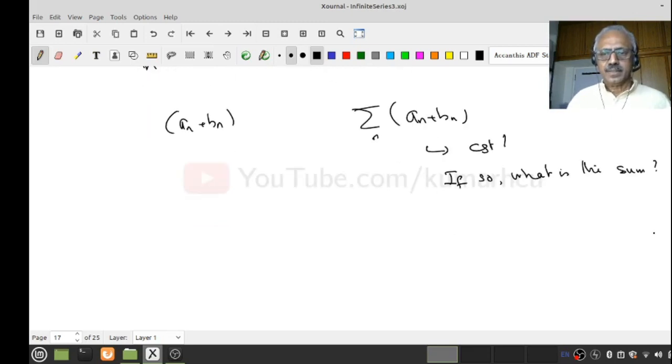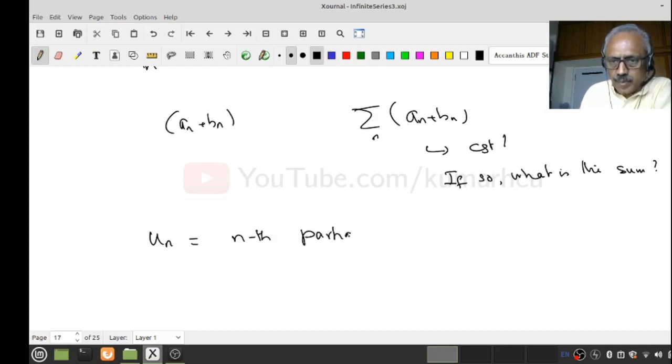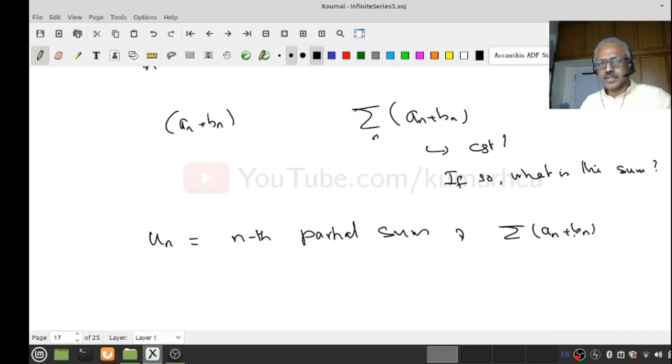Right? That's very easy. Let me look at, I had used Sn, so let Un be the nth partial sum. Remember, whenever I want to look at convergence, what should I look at? I should look at only the nth partial sum, right? Therefore, what is Un?